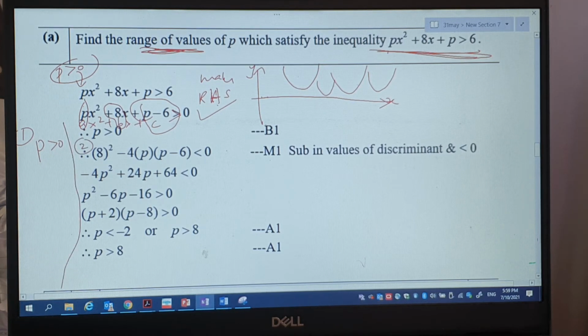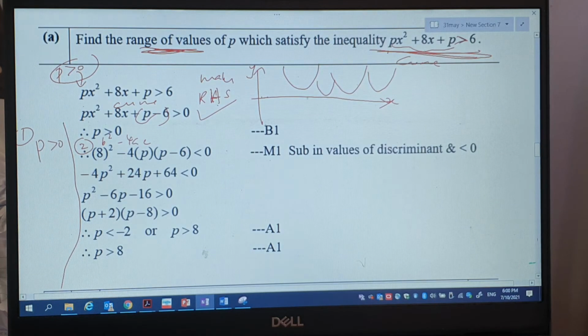The other condition is that b squared minus 4ac is never... Because I've written it in the form ax squared plus bx plus c, the curve is always greater than 0.